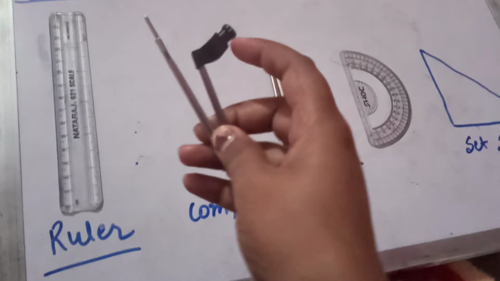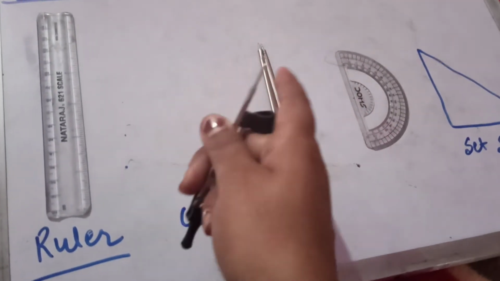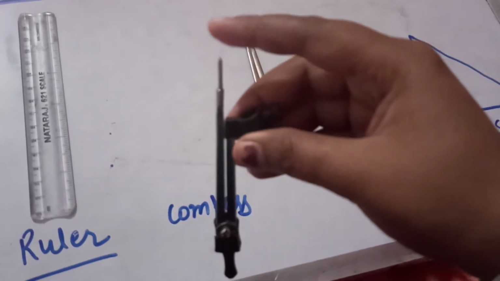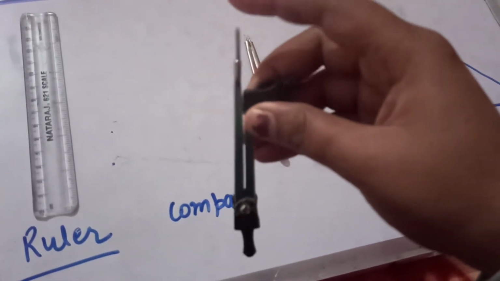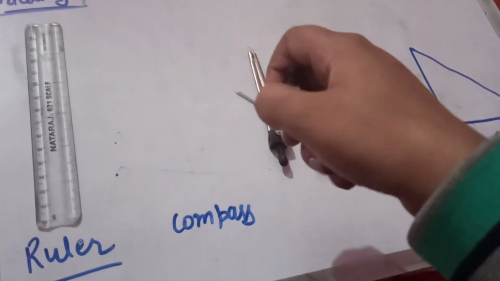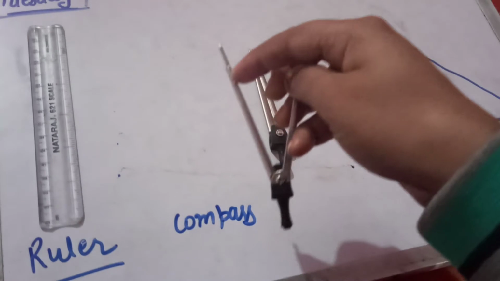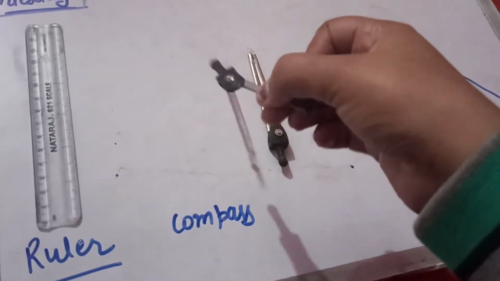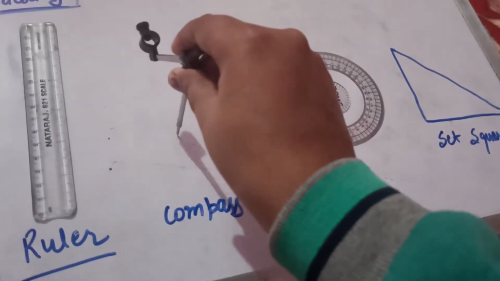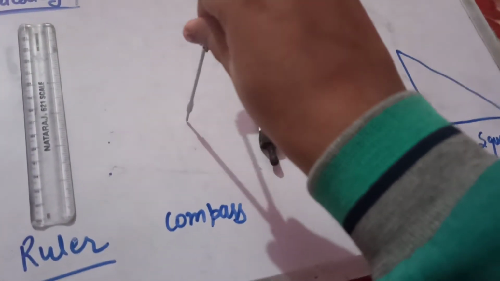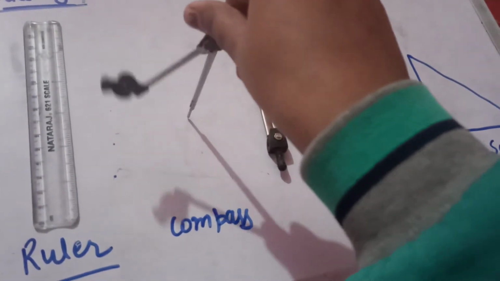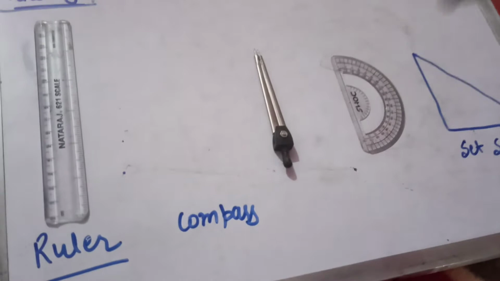In this pencil holder there is a pencil whose tip we will make equal to the tip of the compass, and when you open it, however much gap you want between them, put it anywhere and just draw like this. Rotate it and your circle will be drawn, and an arc also.